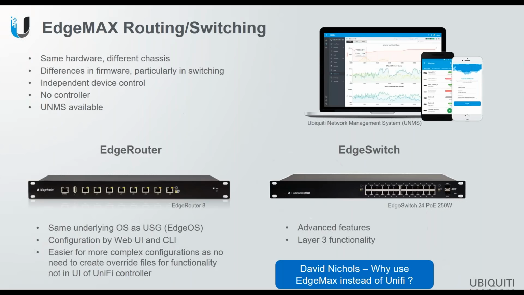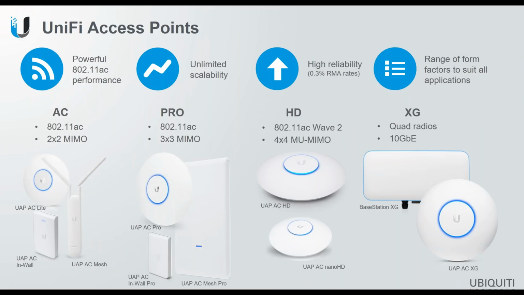So APs, all right. The main things with Unify are performance, you can scale up as much as you want, the stuff's reliable, and there's a huge range of different form factors to suit any need you want. Plus, it's just a nice, simple design. Starting off at our base range, we've got the AC Lite, the in-wall and the mesh.